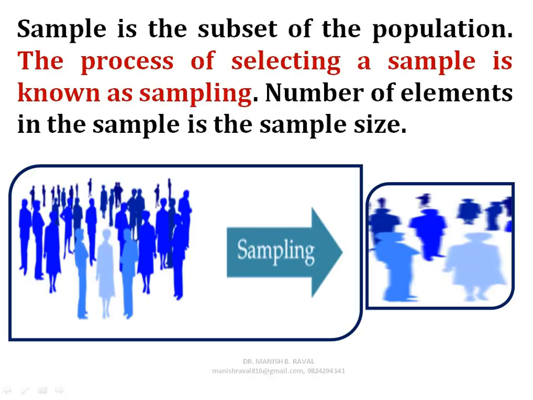Out of this total population of 5,000 commerce graduate students we have taken 10%. So this 500 is our sample, and this 500 is known as the sample size. The process of selecting the sample is known as sampling.